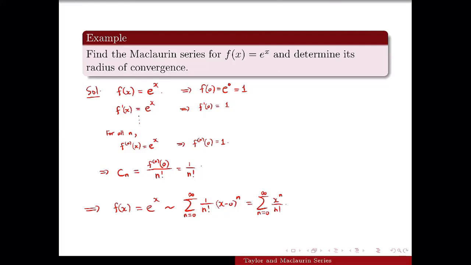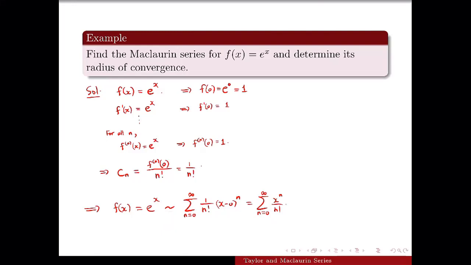Now notice, instead of writing equality, I just use this symbol, because the equality is not yet found. What we only have is a possible series representation. The equality can be assured once we know the radius and the interval of convergence.